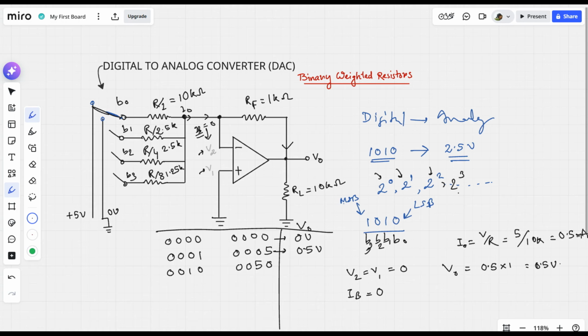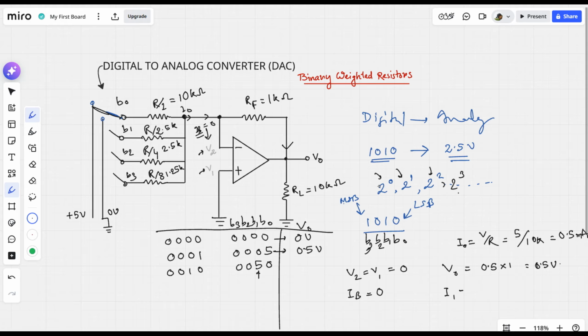Now move to the next value. For the next value, we are providing B1 to be 5 and the remaining all zeros. So let me write it here: B3, B2, B1, B0. Now we are providing B1 to be 5, then B0 to be 0.